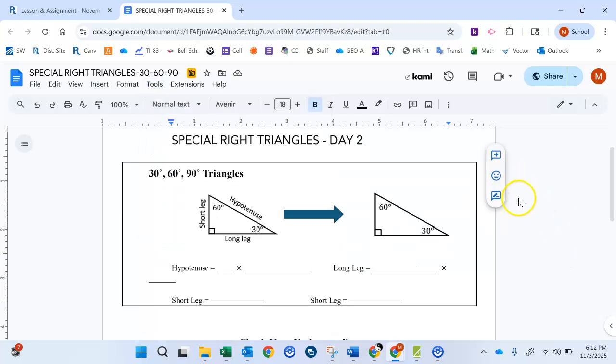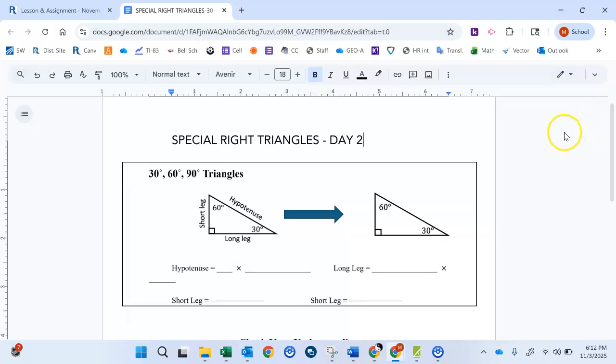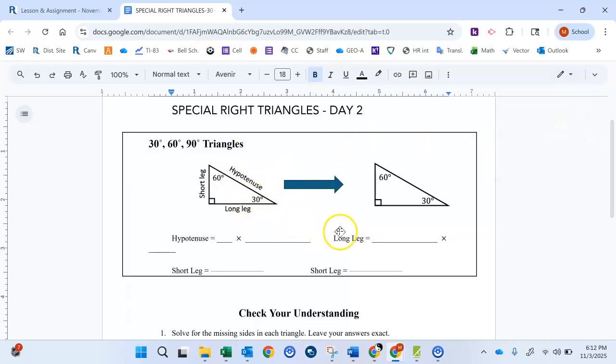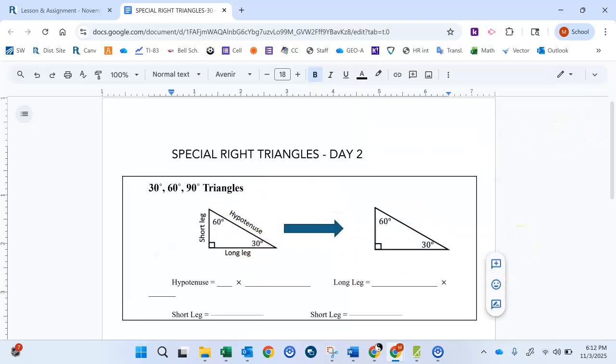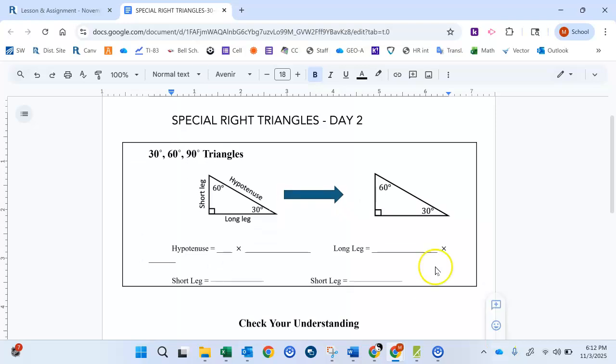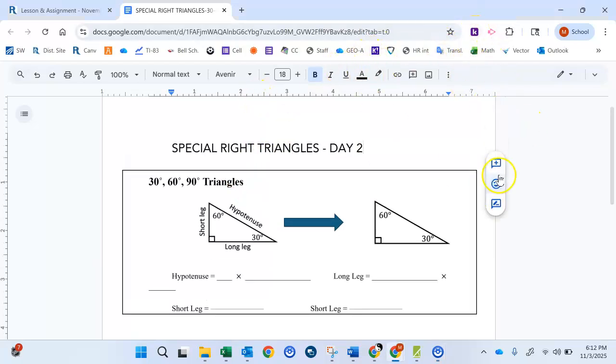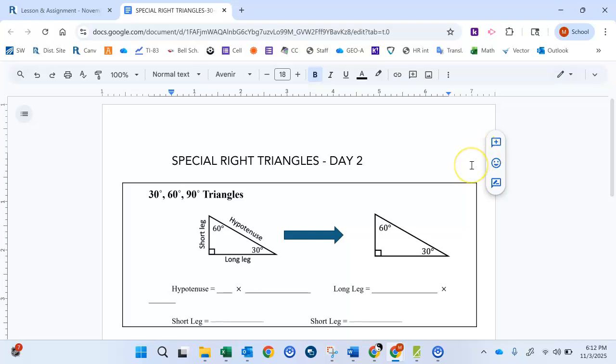All right, so here we are. This is what we're doing today. Make sure you take notes on this, and you can open it in Kami, either here or there, but just make sure you're able to take good notes.